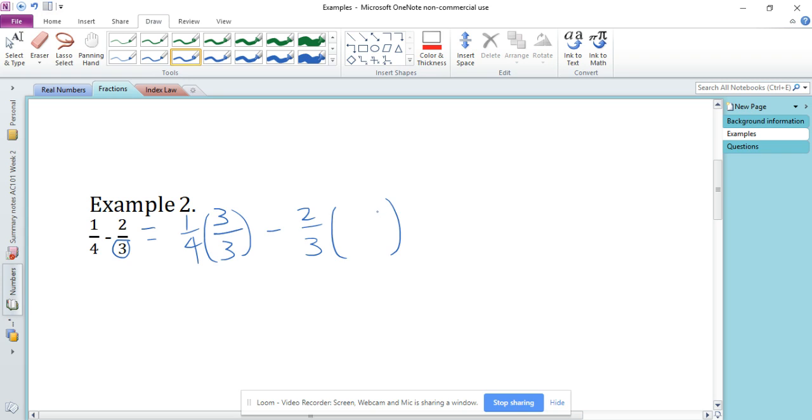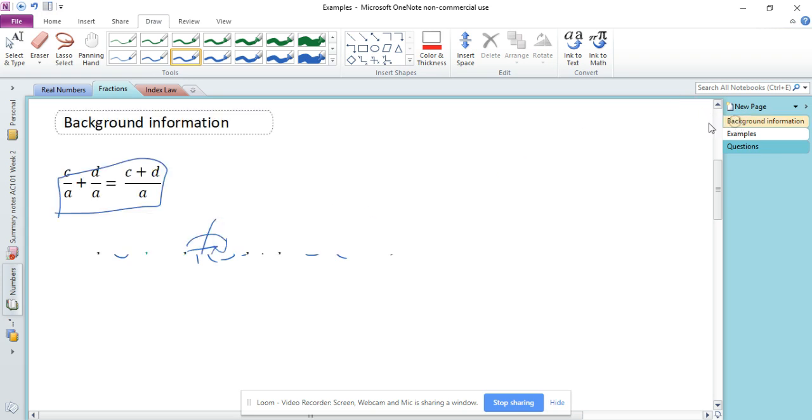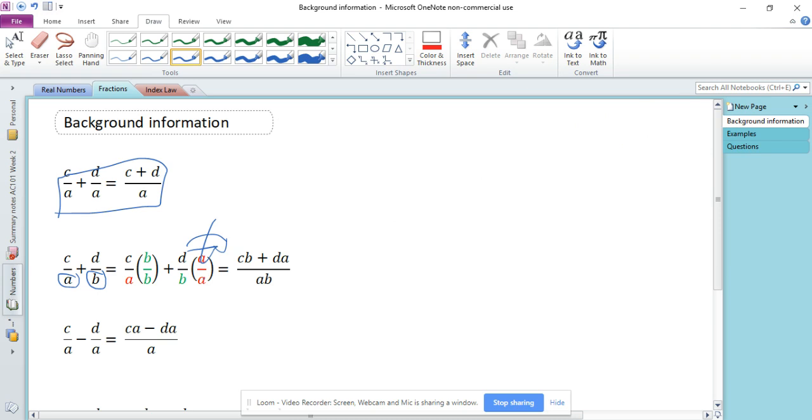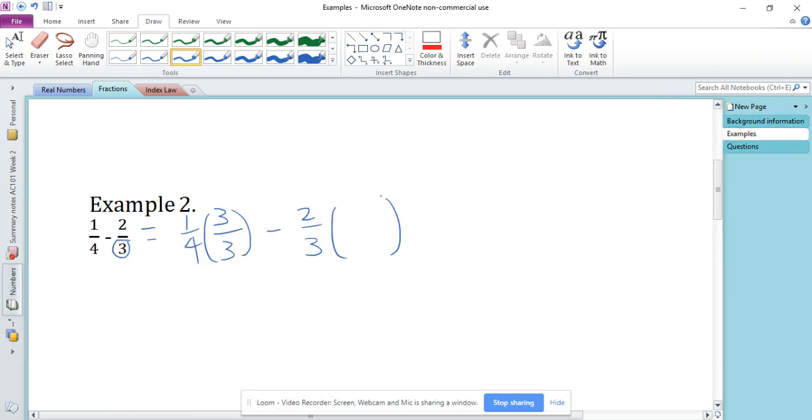Second bracket here, you need to times the first fraction's denominator, which is A. Look at the first fraction, the denominator is 4, so times 4 over 4. That is what we call taking the common denominator.